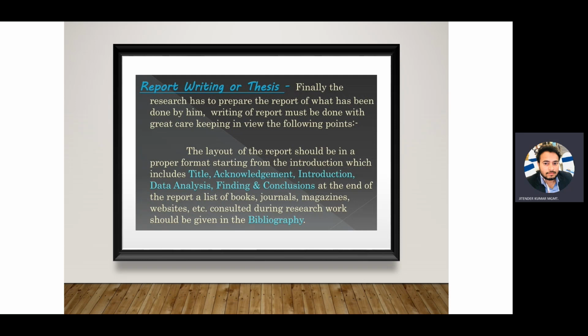First is the preliminary pages, in which you will include the title page, declaration, certificate, executive summary, preface, contents, list of tables, list of figures, and the abbreviations. So this comes under the category of preliminary pages.